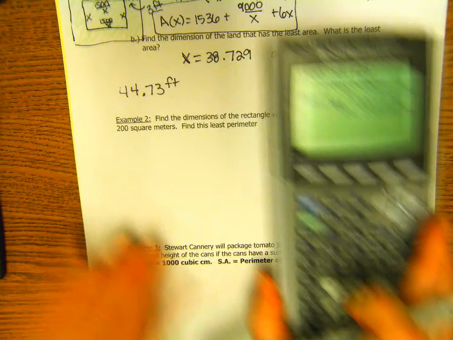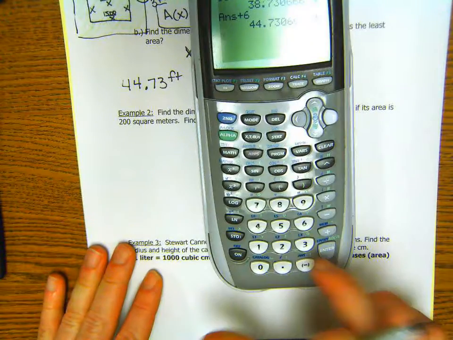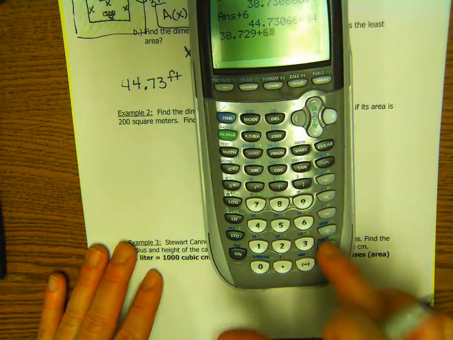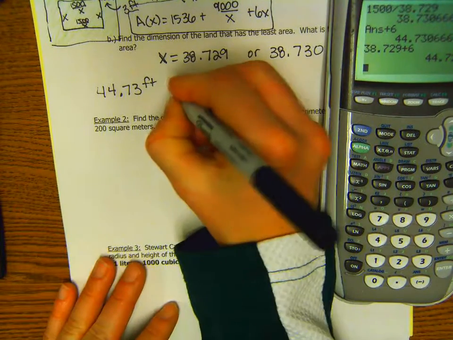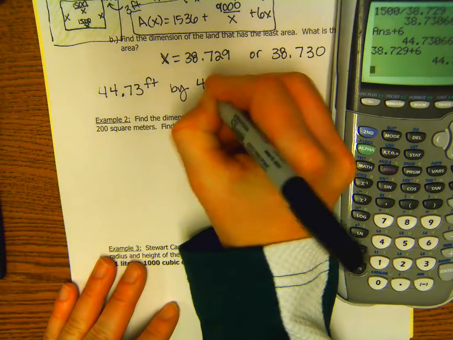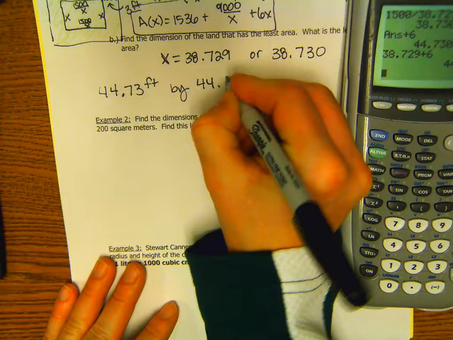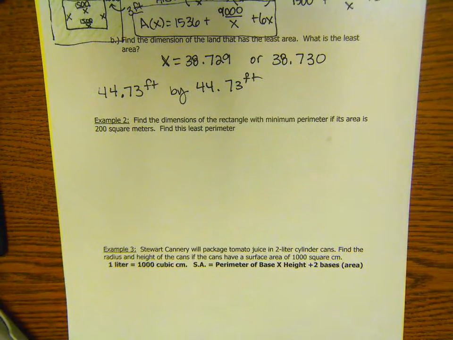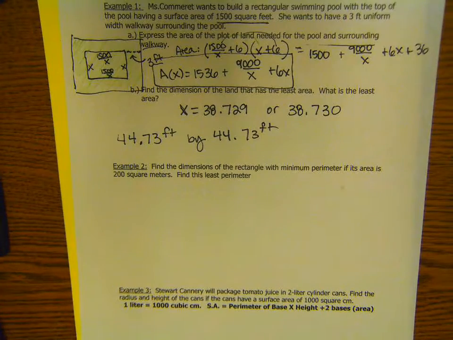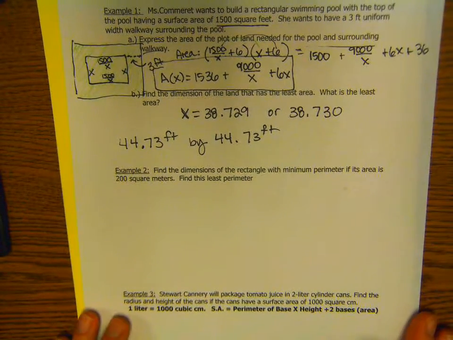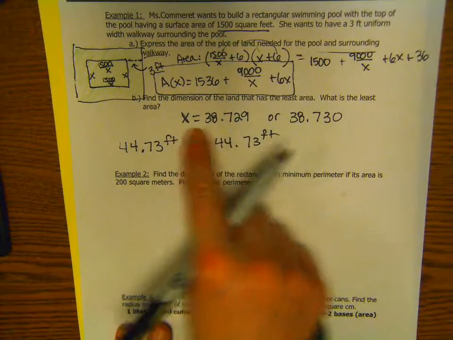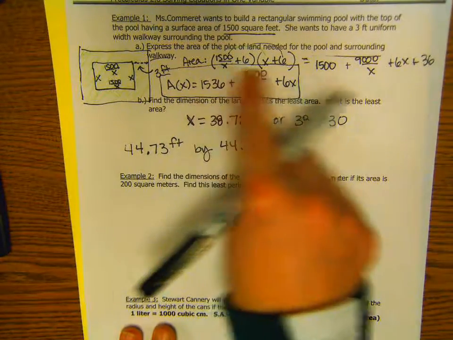And then let's do x plus 6. Those would be the dimensions. It's a square. So I plugged x into my dimensions up here.